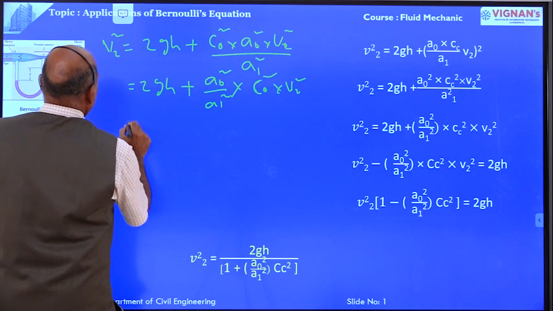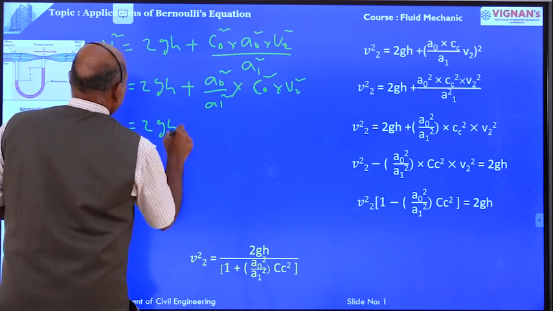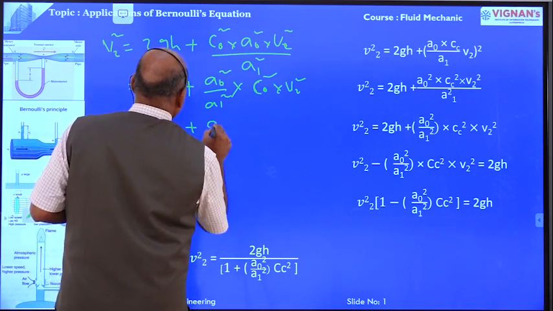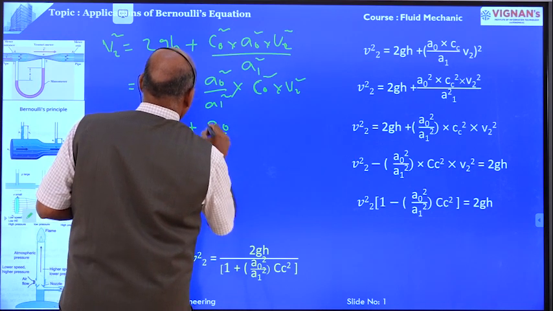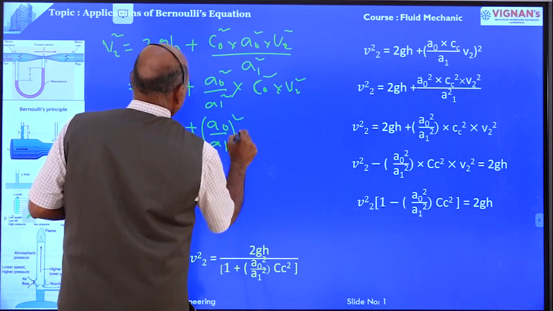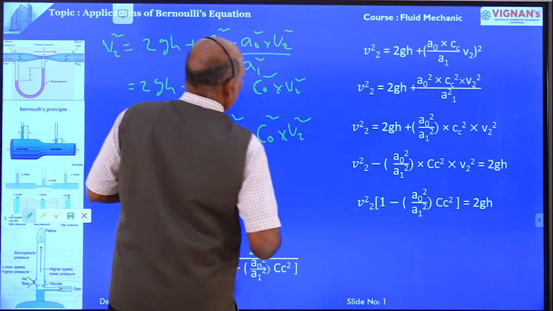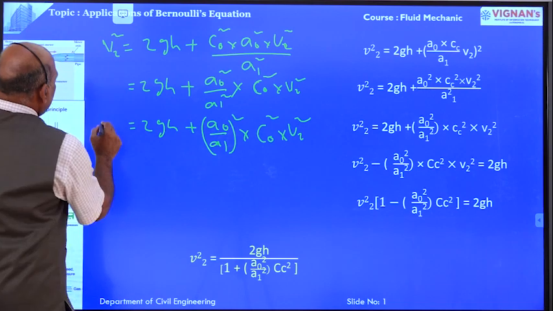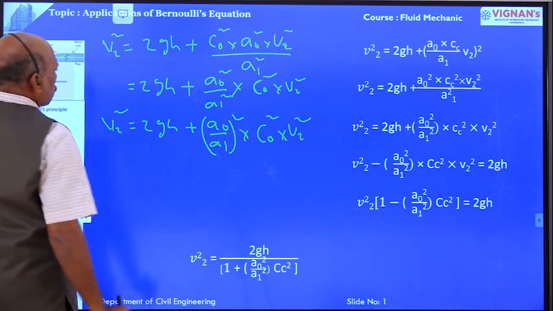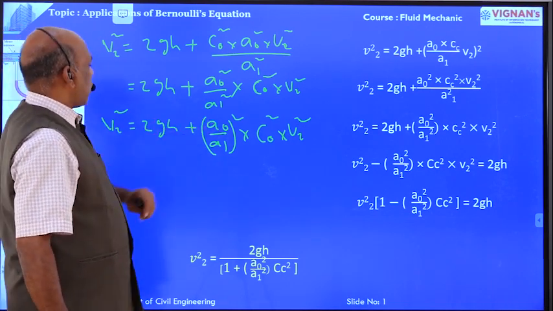That is, 2gh plus (A0 by A1) whole square into Cc square into V2 square.